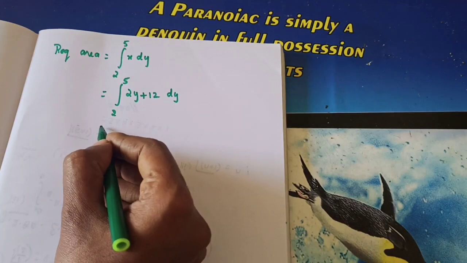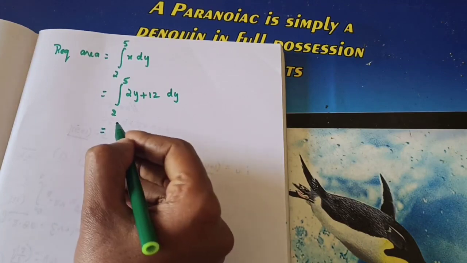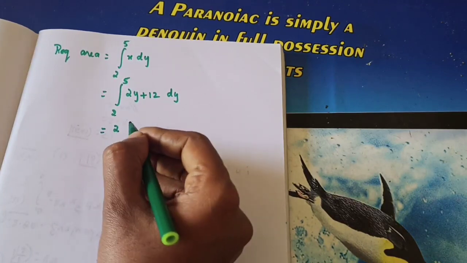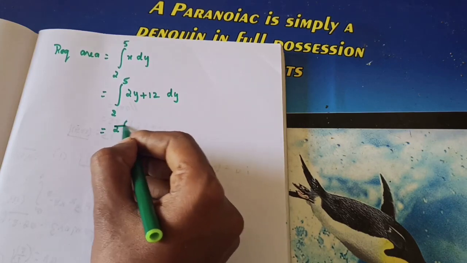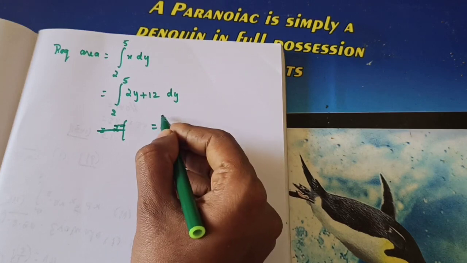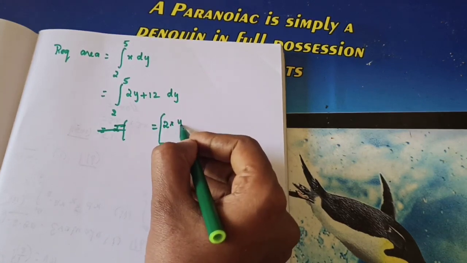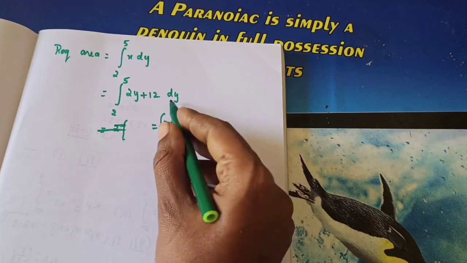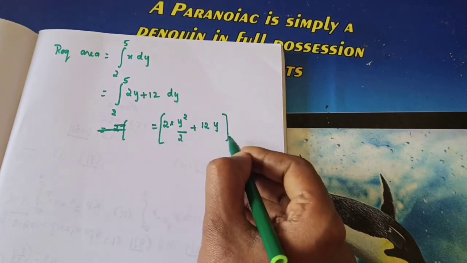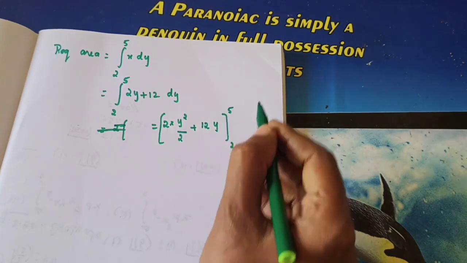Now we are going to integrate. How will you integrate? 2 into the integration of y, which is y square by 2, plus 12 into the integration of dy, which is y. The limit is from 2 to 5.